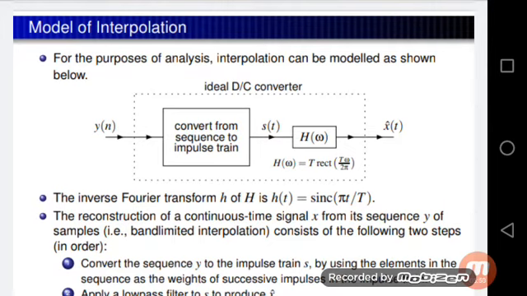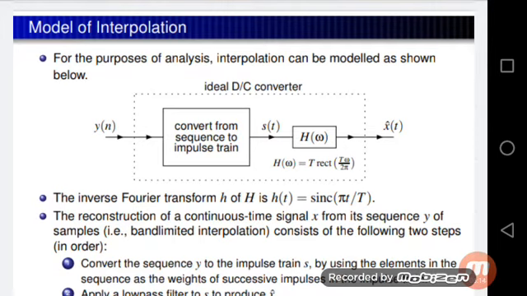On the input side in this diagram we apply y of n, which is the input signal, and x cap of t is the output signal.